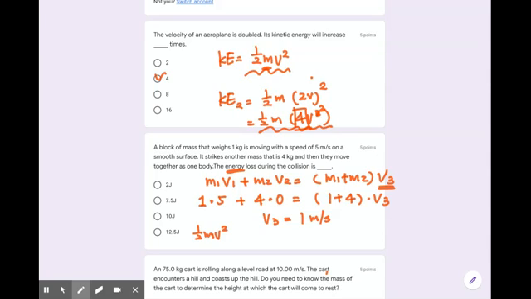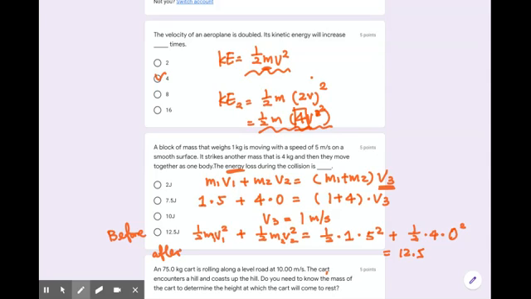Initial kinetic energy is half mv squared plus half mv squared, first object, second object. So first object is half, the mass is 1, the velocity is 5 squared, plus the second object, half times 4 times 0 velocity. So you get 12.5. Okay? All right, that's before collision.